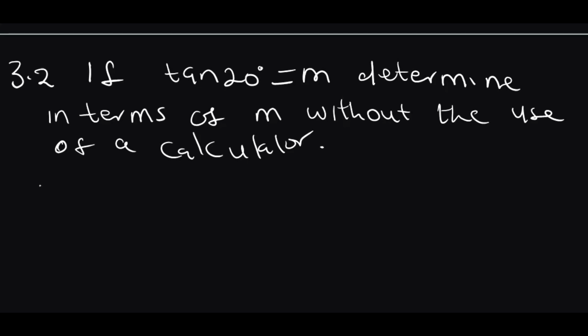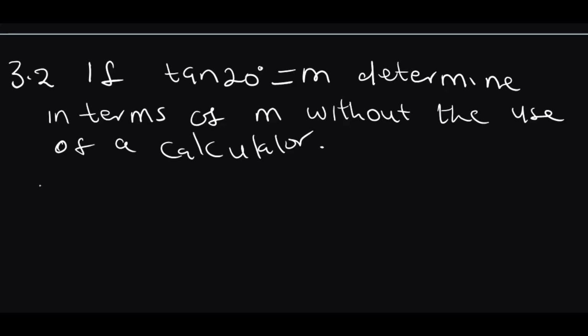If they say without using a calculator, it means you mustn't get a decimal number. It's not that you won't use the calculator at all. It's just that we don't need a decimal number in your answers. I want to emphasize that.